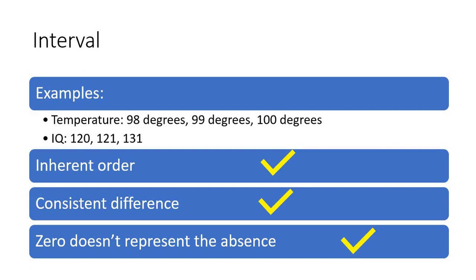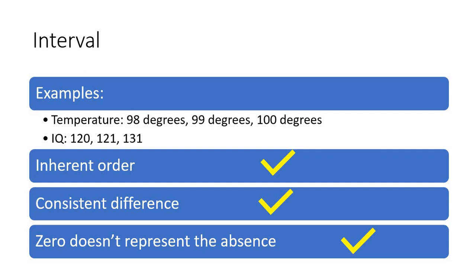Temperature can be 98 degrees Celsius, 99 degrees, or 100 degrees. So you see there is a difference. You can tell that 99 is greater than 98, but 99 is smaller than 100. Similarly, you can tell that an IQ score of 120 is less than 121 and 121 is less than 131.